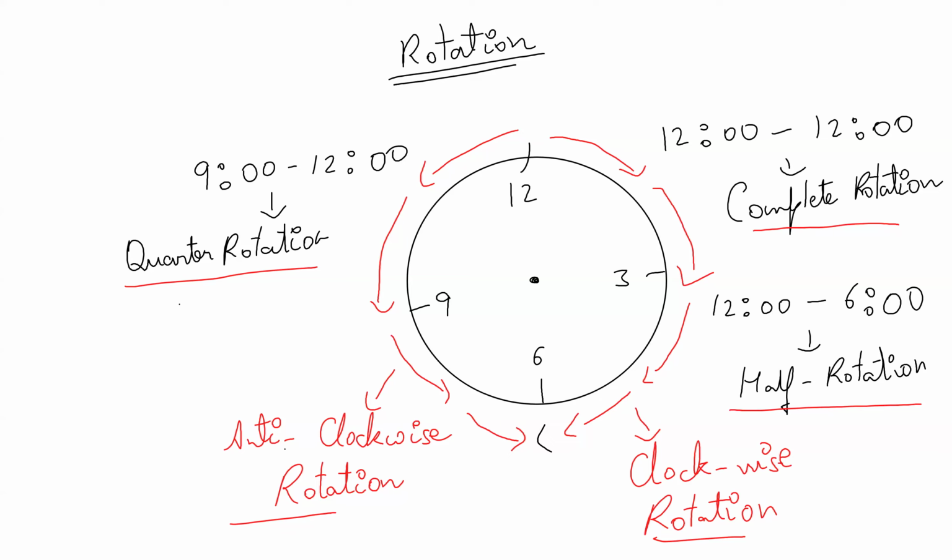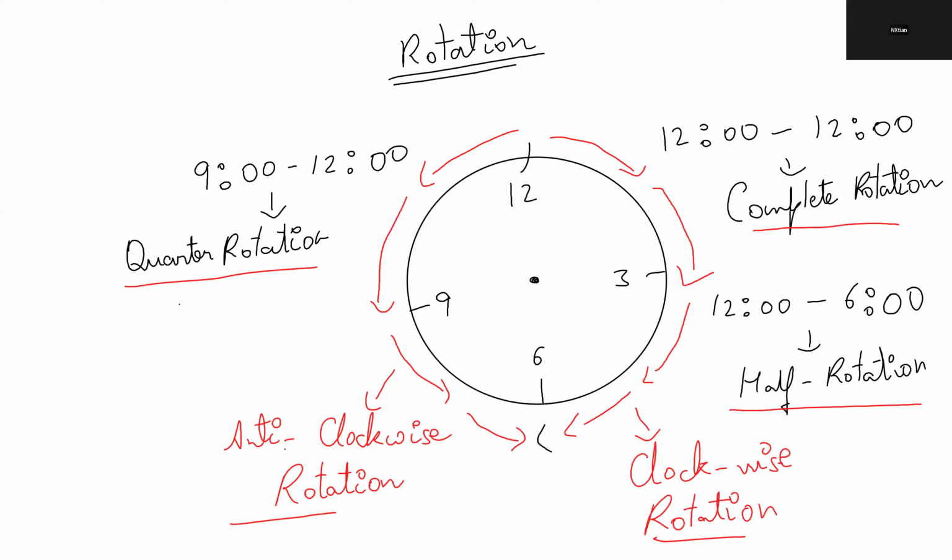Why are all the arrows facing to 6? They are not facing to 6 actually. I've drawn it to show clockwise and anti-clockwise.